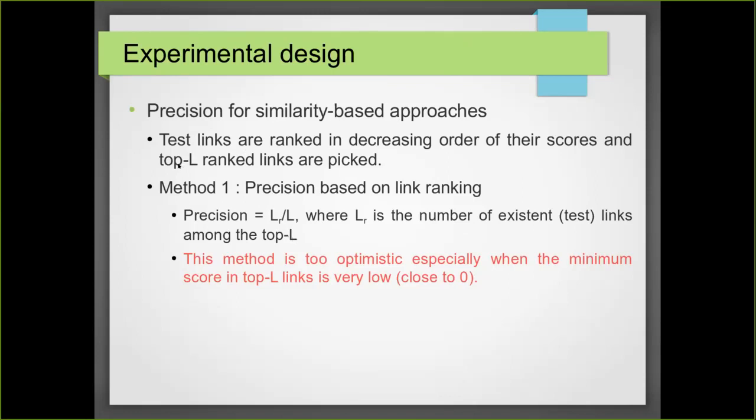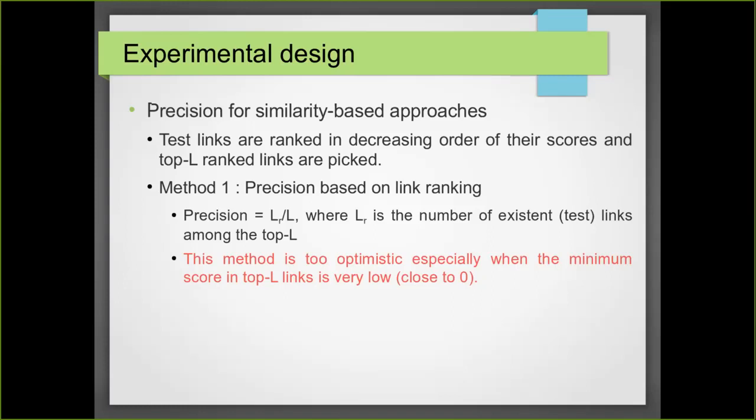We set top L as the number of existing links in the test links. This method is too optimistic, especially because maybe some of the links in the top L links have a similarity score of 0. We'll see it in the experimental results.